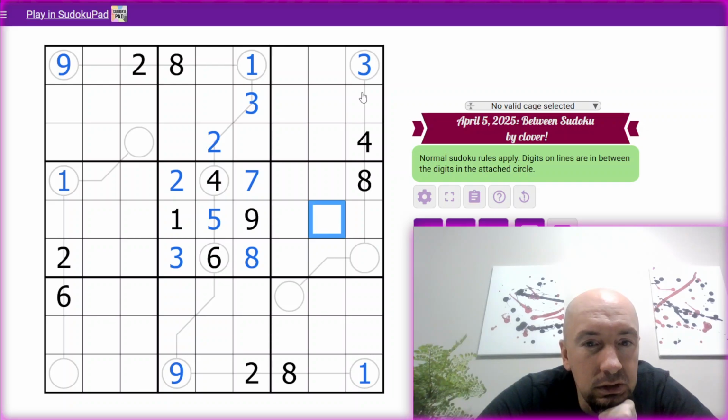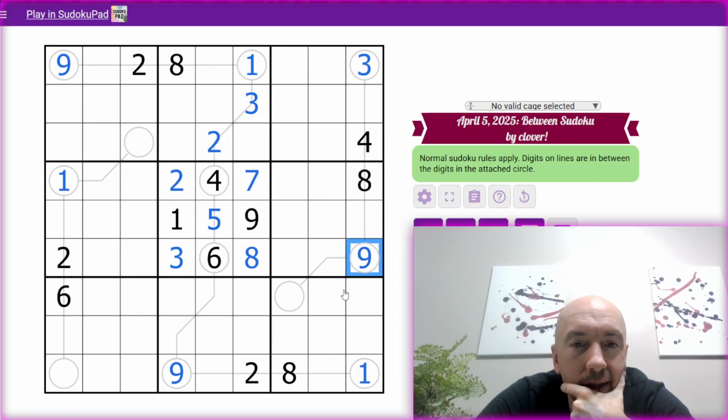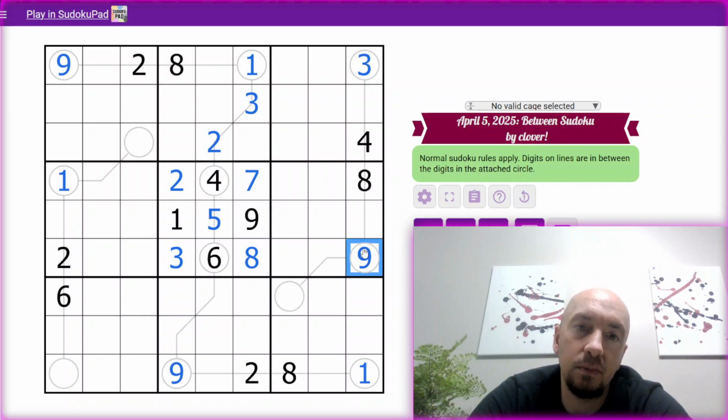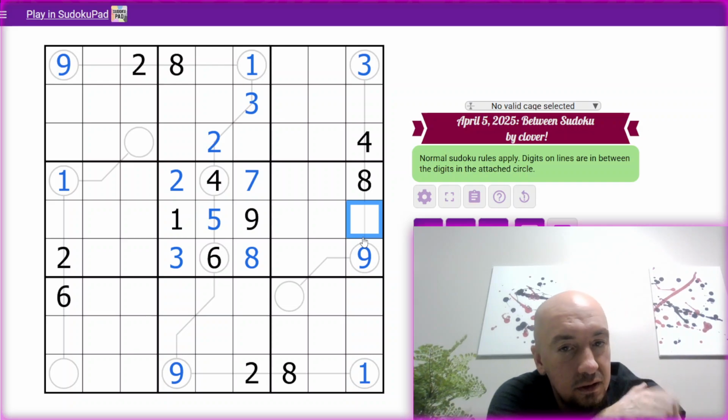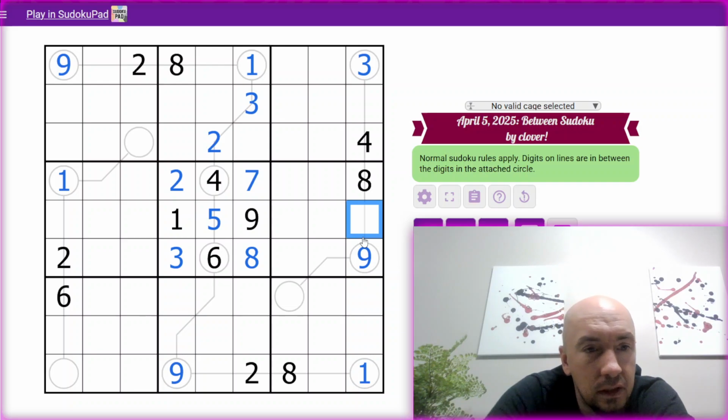Okay. So if that's an 8, then the 9 has to be on this as well, because 8 has to be surrounded by a 9. All right, and then as previously mentioned, 9 cannot be on the line, so the 9 is there.